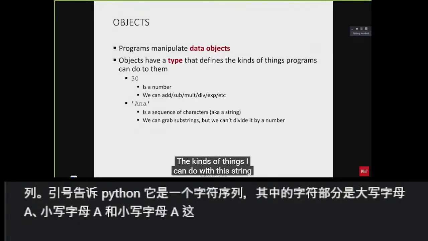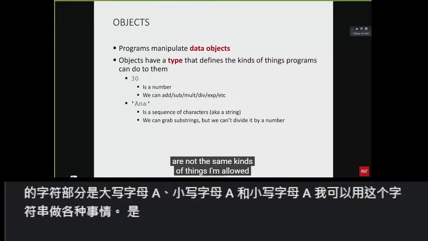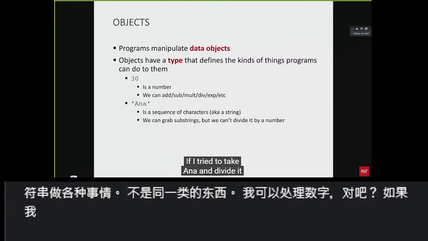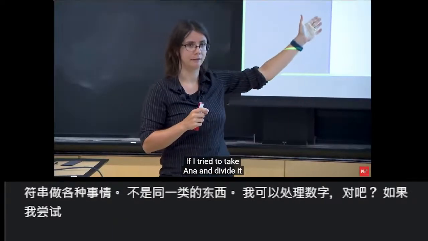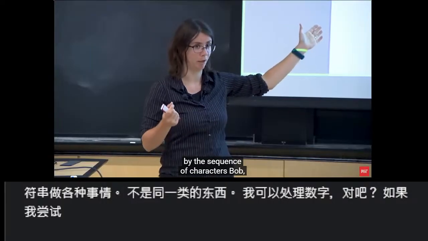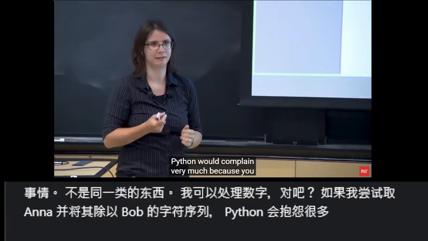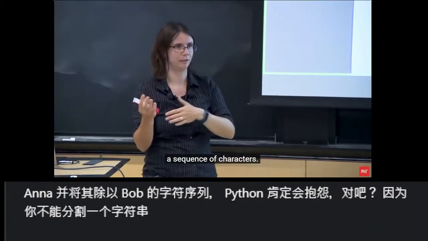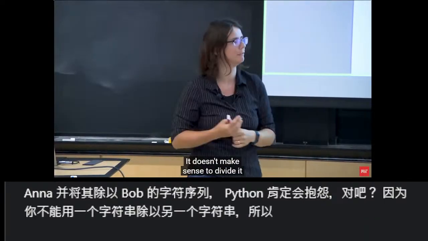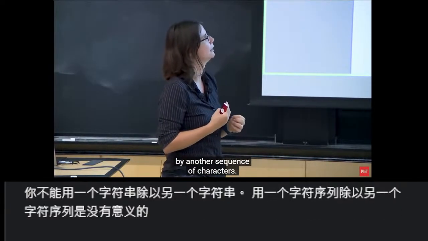The kinds of things I can do with this string are not the same kinds of things I'm allowed to do with a number. If I tried to take Anna and divide it by the sequence of characters Bob, Python would complain very much, because you can't divide a string by another string. A sequence of characters doesn't make sense to divide by another sequence of characters.